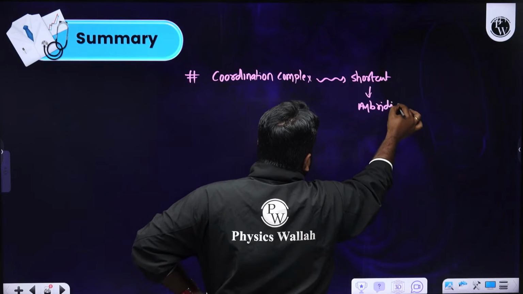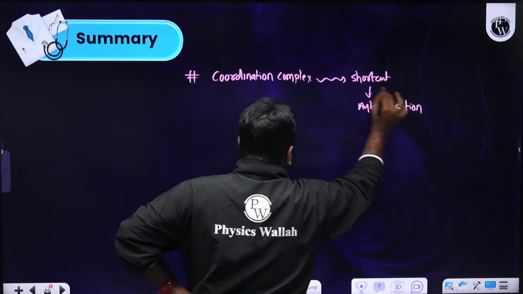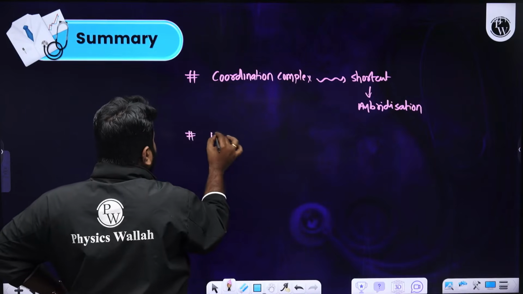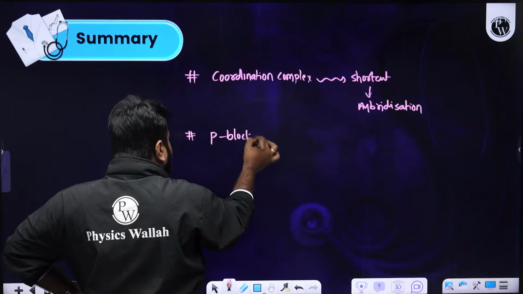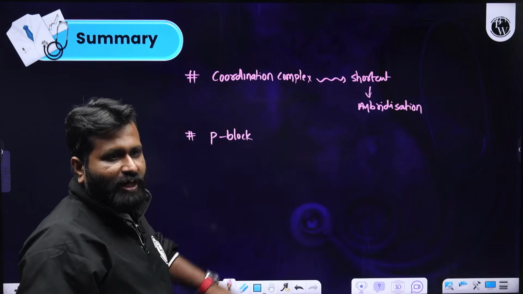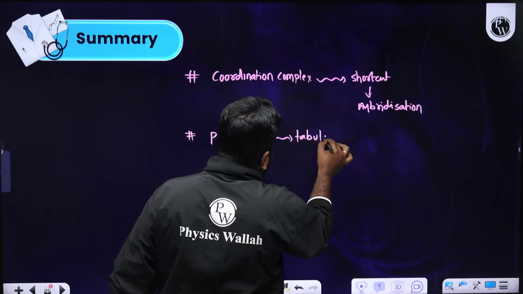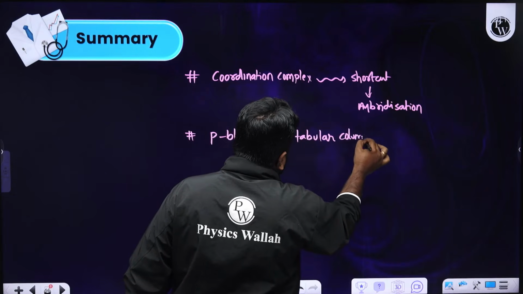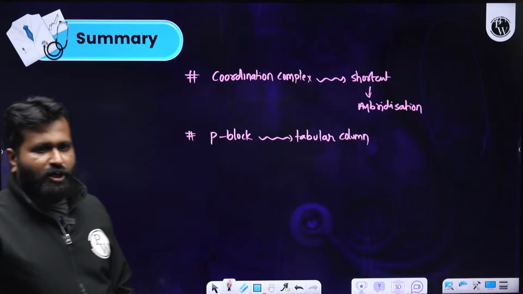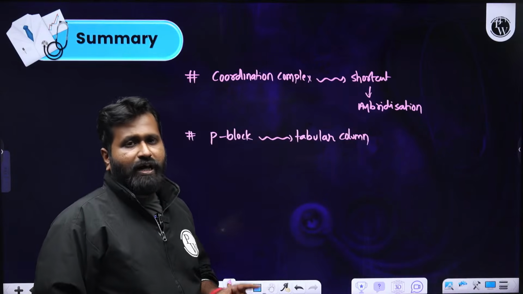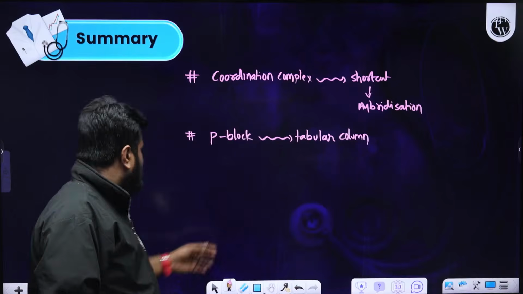So what you guys need to do, download the class notes. Next, when it comes to P block element, I can see you people are struggling a little bit in P block elements. For that, I prepared one tabular column. I will share that tabular column also for you guys. If I forgot to share, please do let me know in the comment section. After the class gets over, I will definitely share.